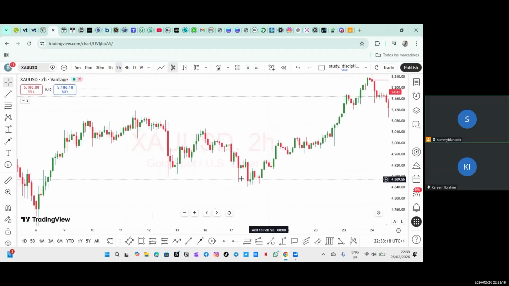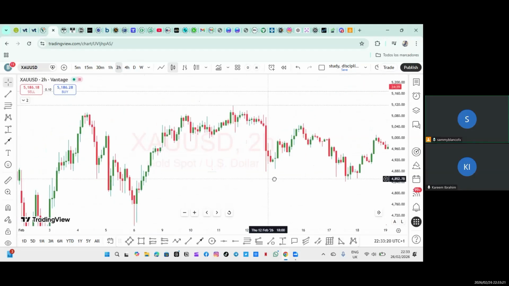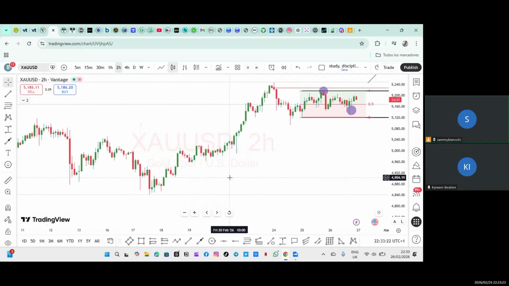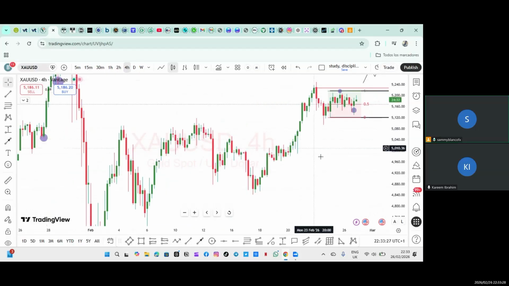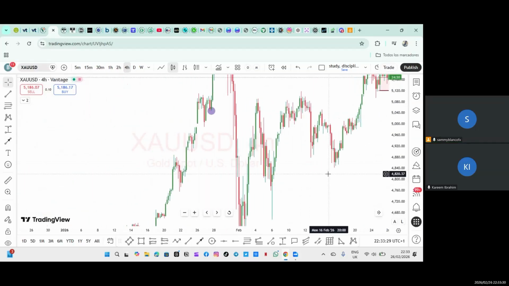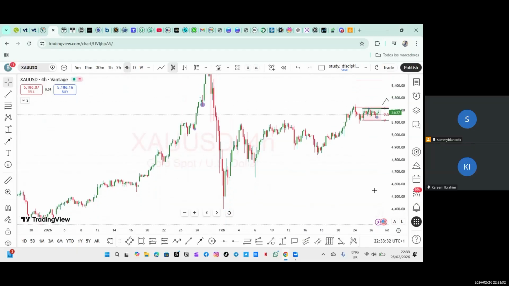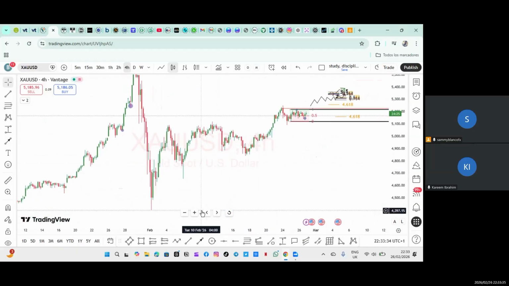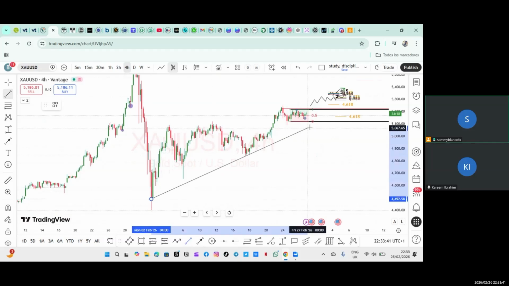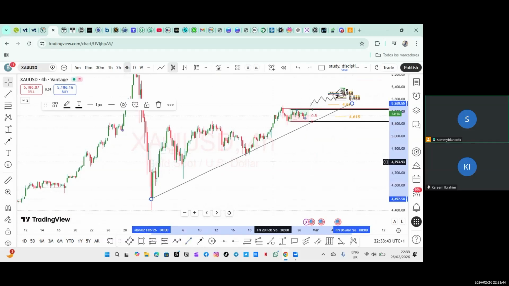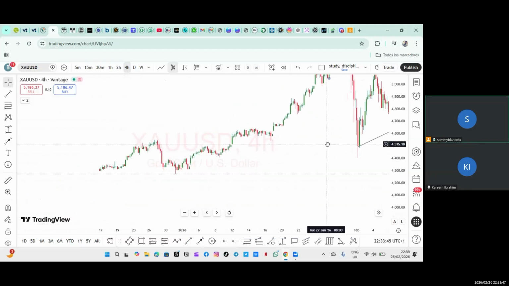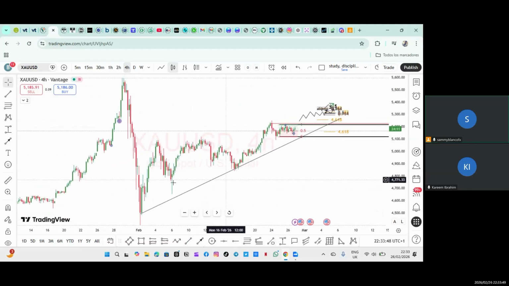From here, the market has been in a downtrend. From here, the market changed, going to the upside, to the uptrend. Let's say you use this one from here, this is our uptrend. From here is where our uptrend started.